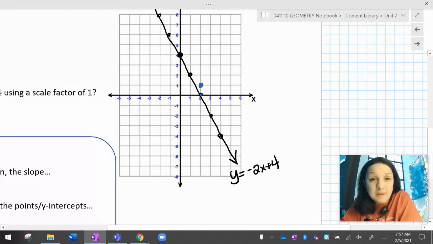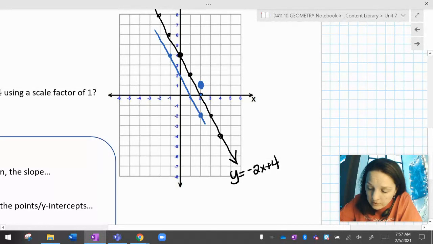If I multiply that by a scale factor of 3, it's now 3 down. 1, 2, 3. There's the new point. If I look at the distance from this blue dot center to this point right here, I go up 1, left 1. Dilate by 3 is up 3, left 3. That is my new line.